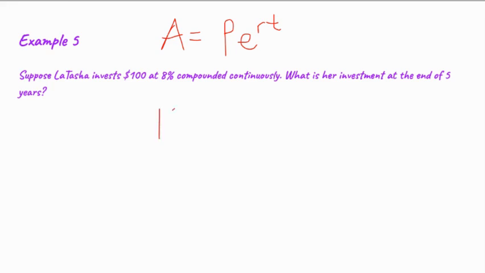So we got $100 times e to the 0.08 times 5, which is 0.4. So 100 times e to the 0.4 power. We get $149.18.